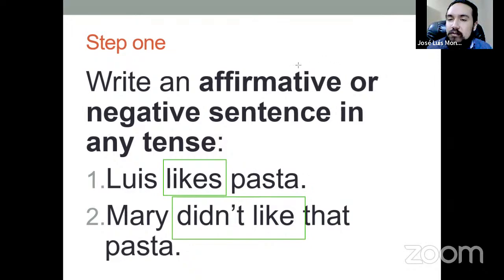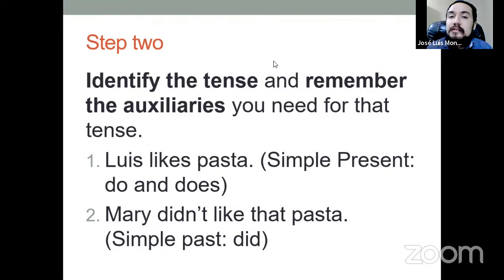We need to have one of those statements. Then we need to identify the tense. We know that if we have a verb in base form plus the S, that is the third person rule, this is the simple present. We know that if we see did in the negative form, this is going to be past.